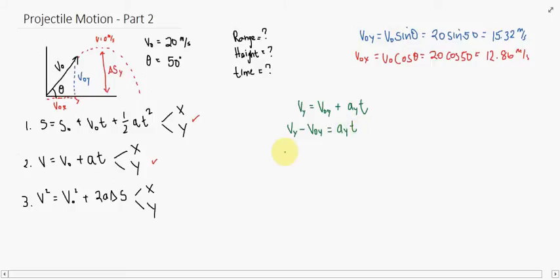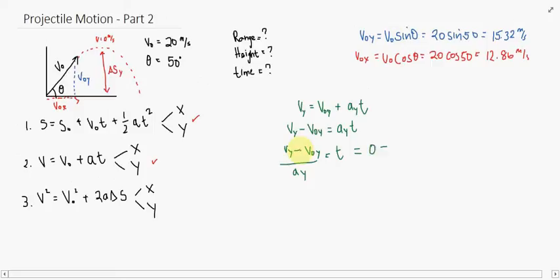And then I'm just going to divide both sides by this acceleration in the y direction. So it's my final velocity in the y direction minus my initial velocity in the y direction, divided by my acceleration in the y direction, which will give me what that time is. Now I can just plug in values that I have. My final velocity in the y direction is 0.